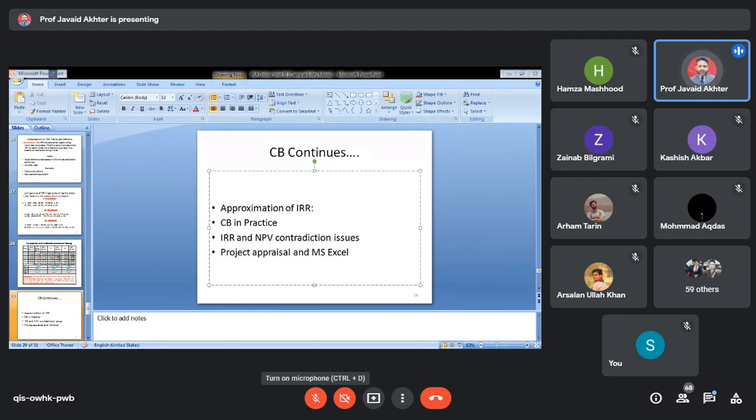Now, what is the relationship of these figures with respect to the calculation of IRR? Should the annuity table be applied or the simple table?